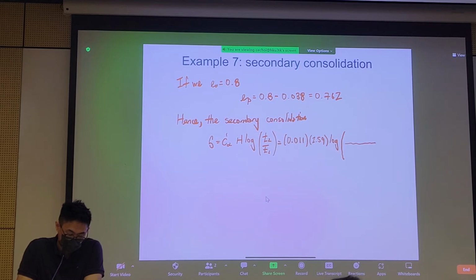So t2 is 5 years after primary consolidation plus 1.5 years for primary consolidation, over the initial time, which is 1.5. That's why the question gave us time. So we can actually calculate secondary compression.